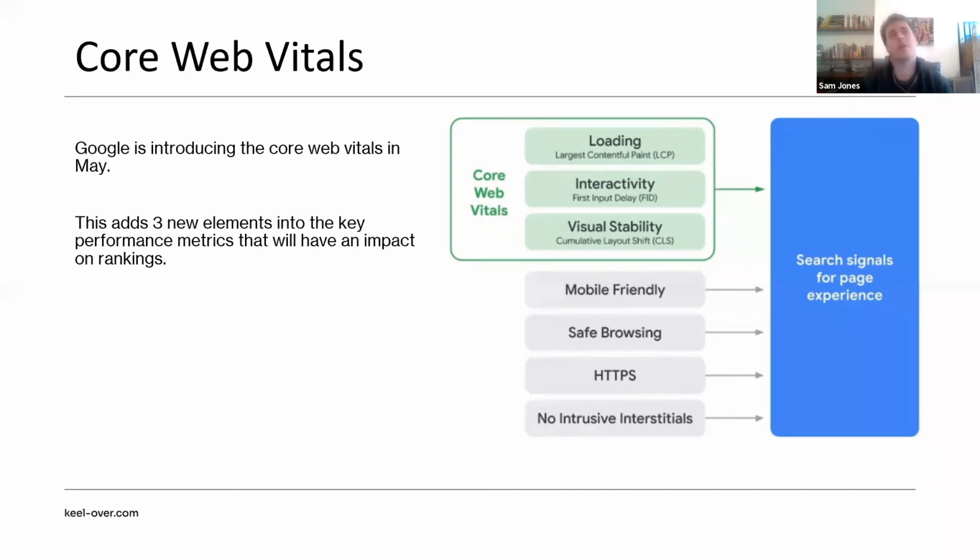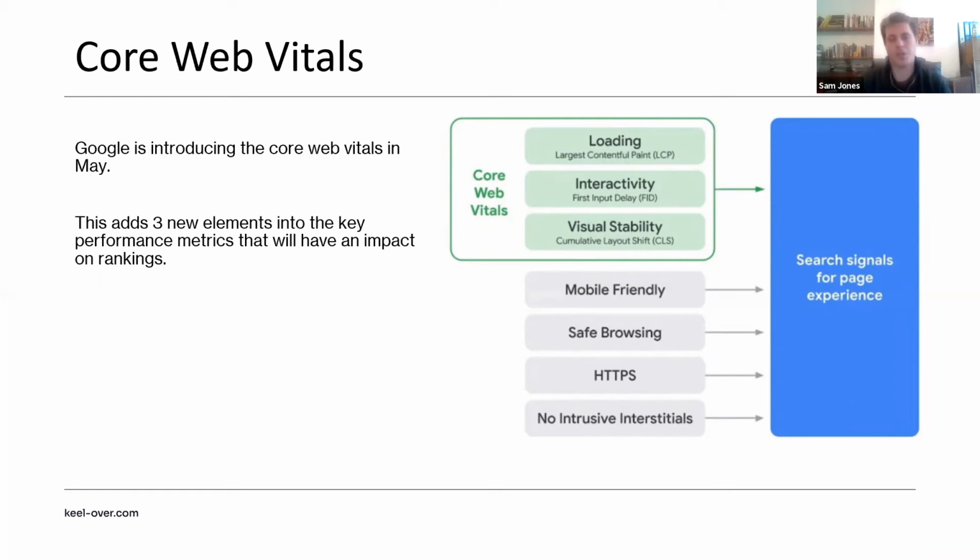Google has intimated, but not confirmed, that it's trialing putting an actual visual indicator within SERPs of whether your site meets the page experience requirements of Google. So as well as being a ranking factor, this is also going to be a factor that affects your click-through rates to your website.